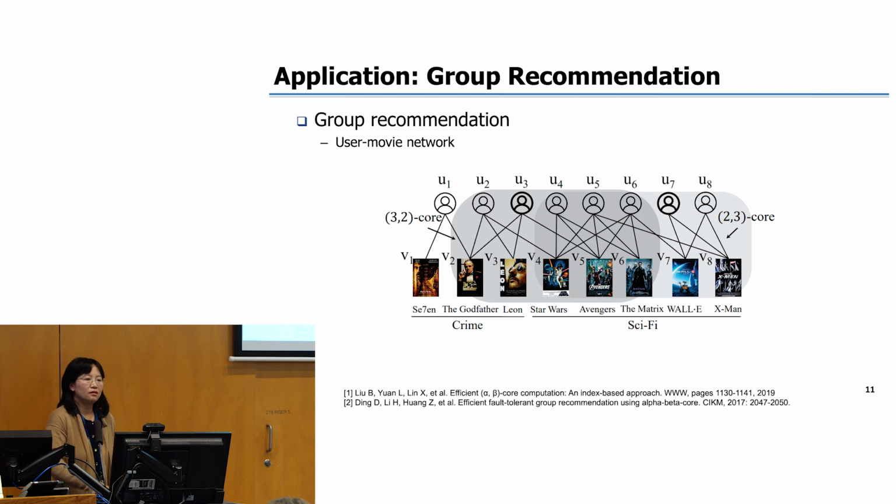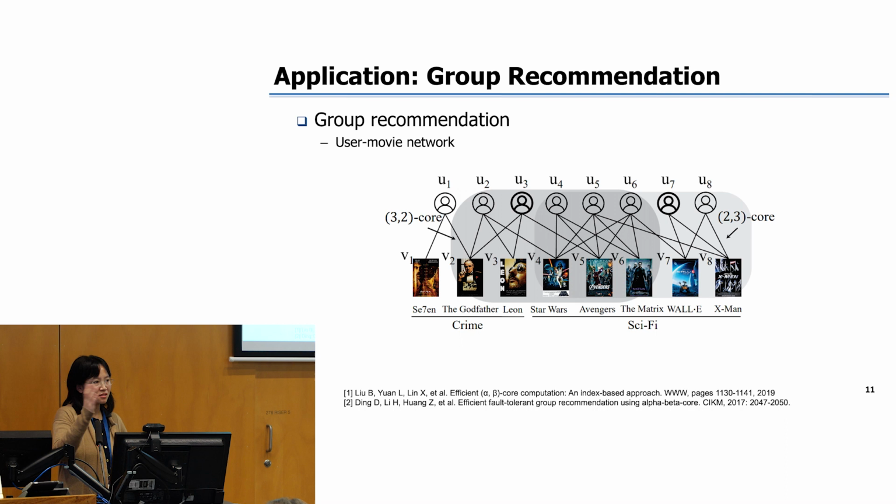And also in recommender systems, that is a very important task. How can this structure-based analytics help with recommendation? Again, if we continue with this user and product network, for instance, we have users who rate movies. In this example, we see a user connected with a movie if this user likes the movie.